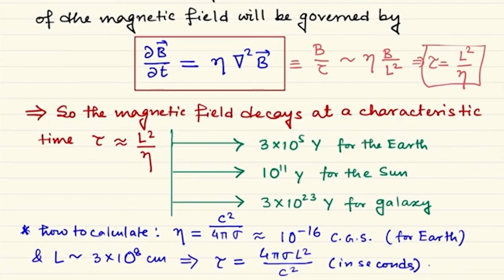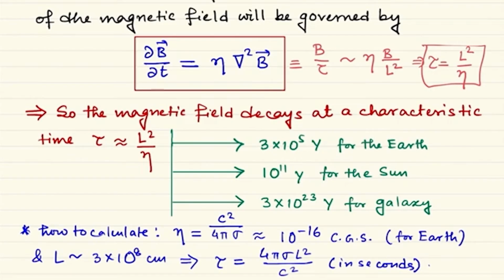Then, to calculate this, first I am going to describe the way of calculating eta. Eta is related to the conductivity, because in standard practice in astronomy, we express the quantities in CGS units.